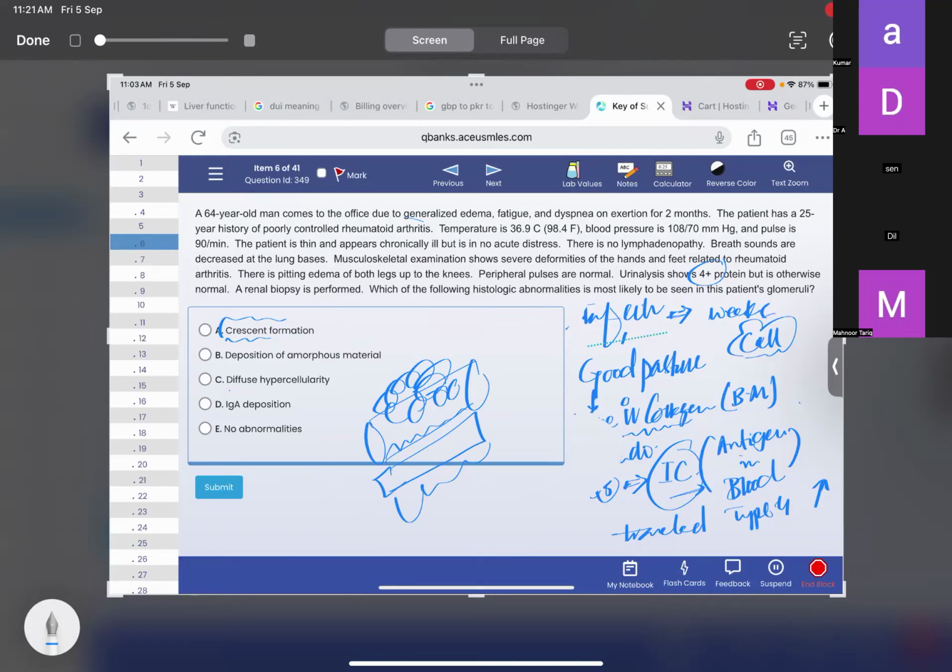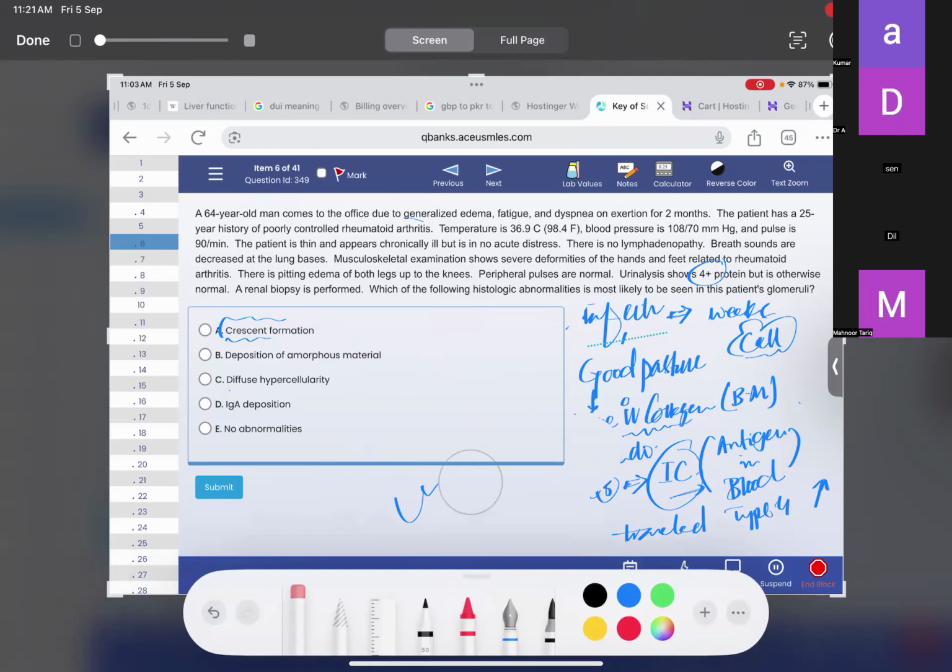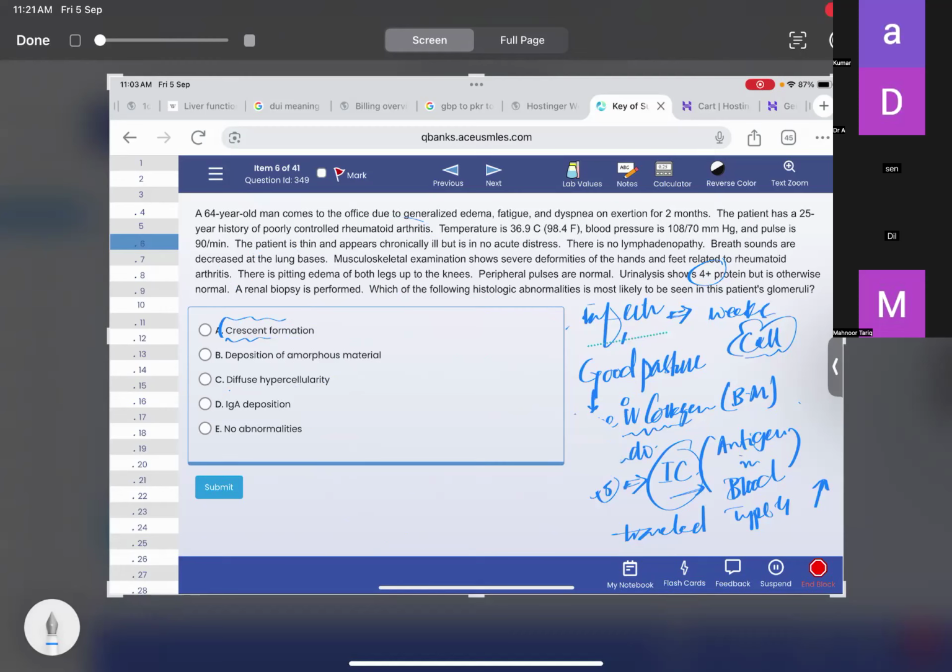But one important thing is that in immune complex deposition, we have granular immunofluorescence. Granular simply means that it is not uniform or not linear, okay? The deposition is not linear, and it is because of type 3 hypersensitivity forming immune complexes.